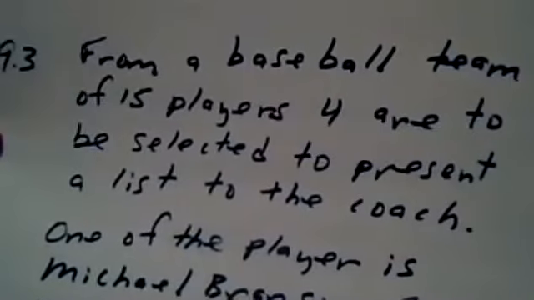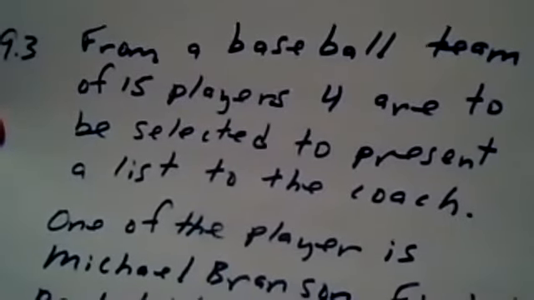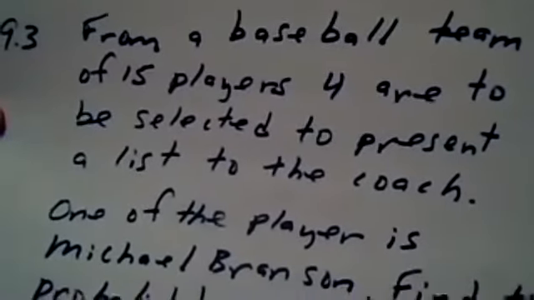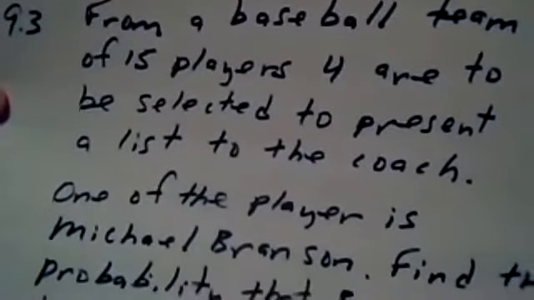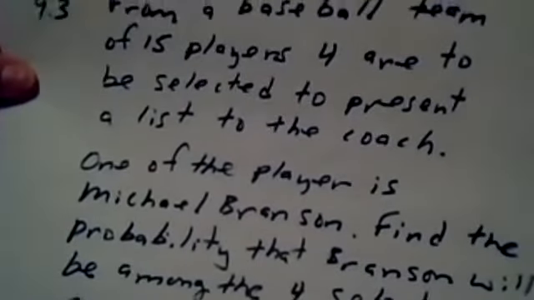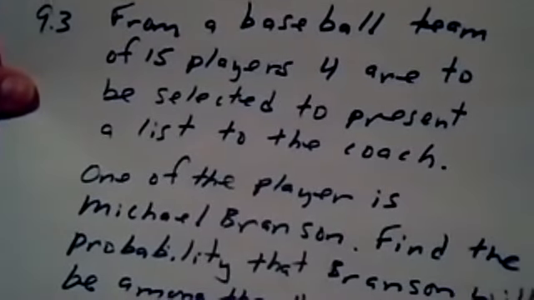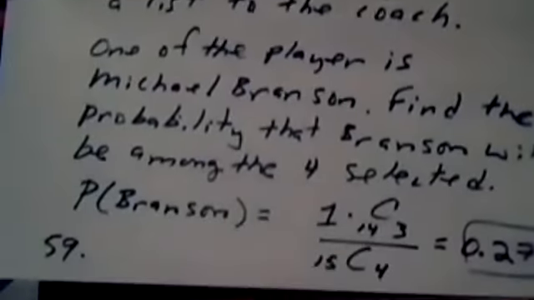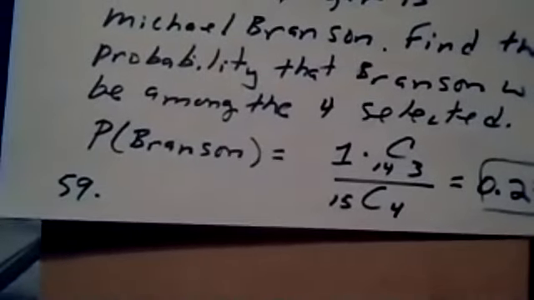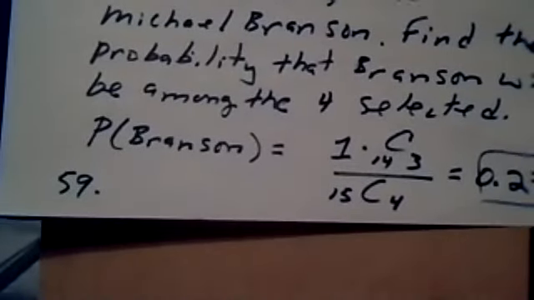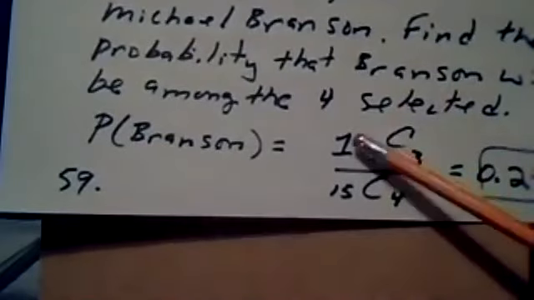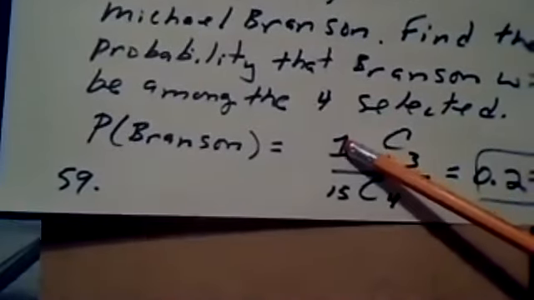From a baseball team of 15 players, 4 are to be selected to present the list to the coach. One of the players is Michael Branson. Find the probability Branson will be among the 4 selected. So notice, there's a group of 15, but one of them is already chosen, Branson.